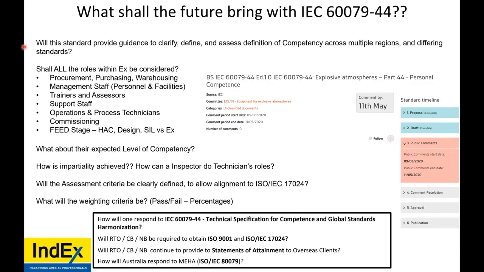Okay, let's move on to the next question. Mike, before going to the next question, this question was also very important because dash 44 is addressing the in-house competency measurement.